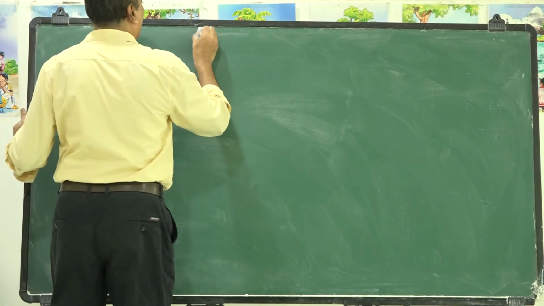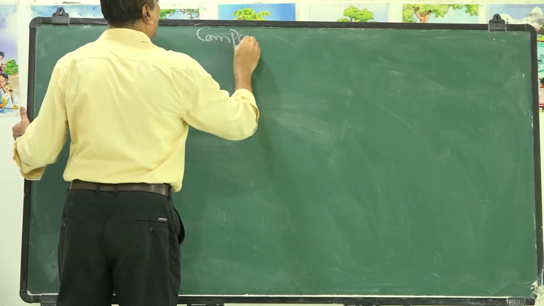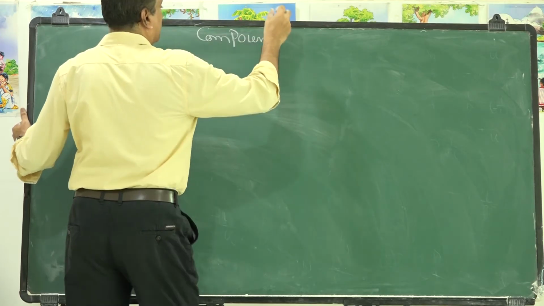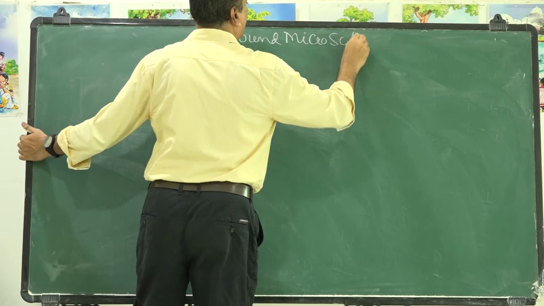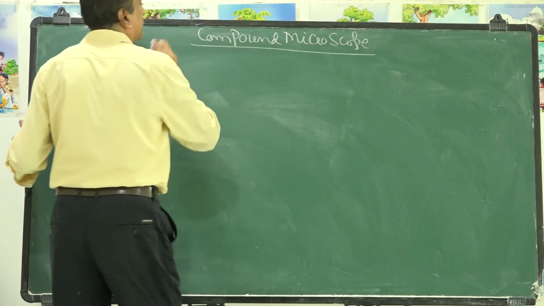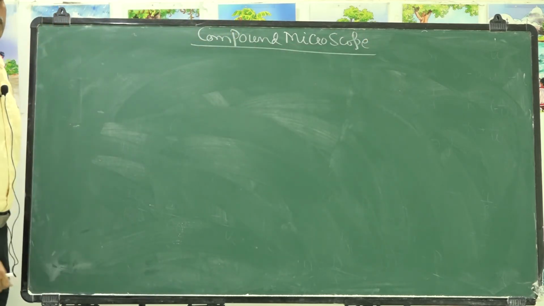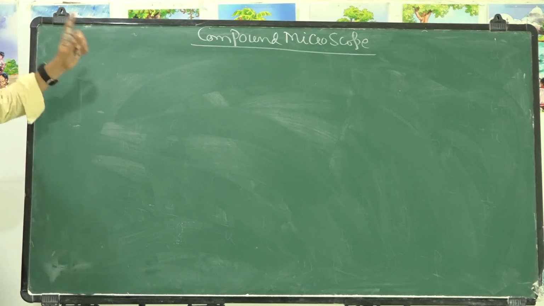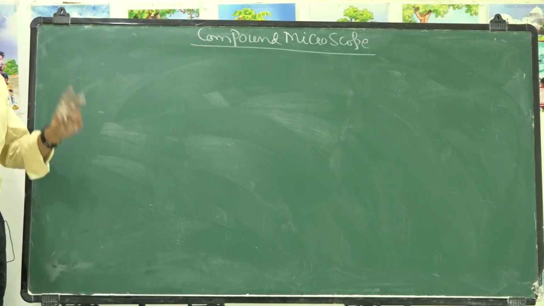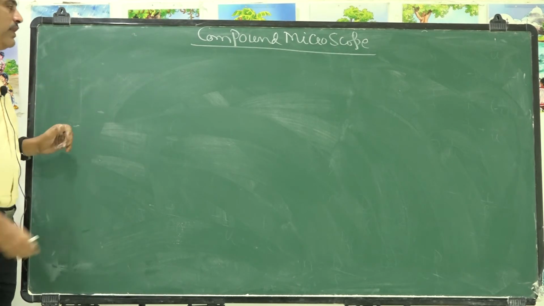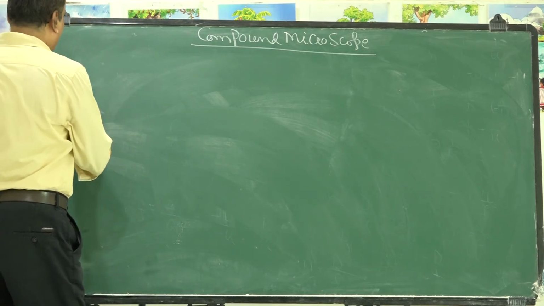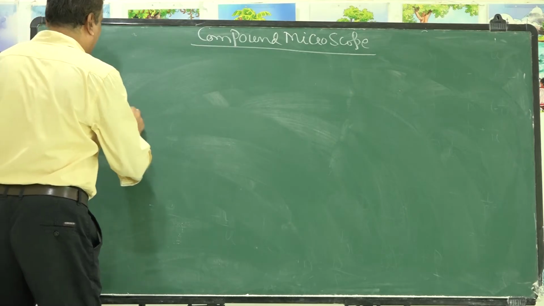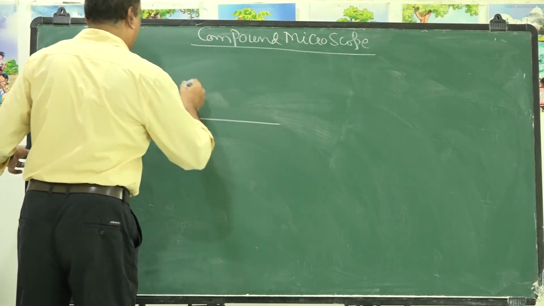Now, compound microscope. A compound microscope consists of two convex lenses, and those two convex lenses are arranged coaxially like this.